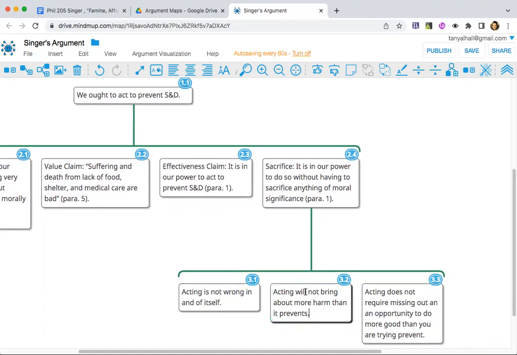This one, we might say acting will not bring about more harm than it prevents. It will not bring about harm or bad. And this one, it won't require missing out on something. There's going to be no loss of something morally significant.